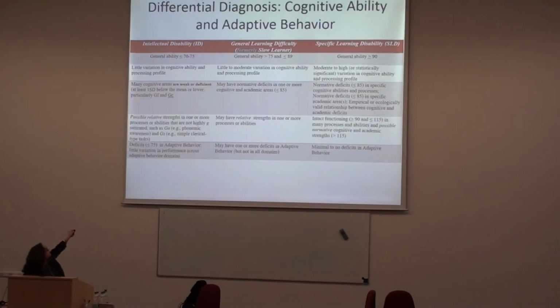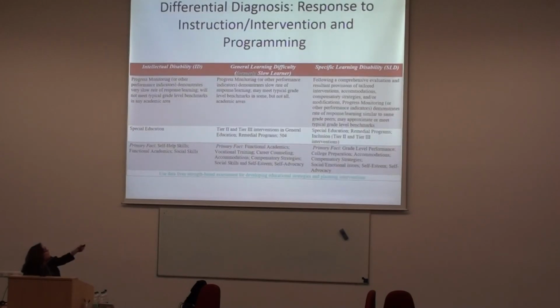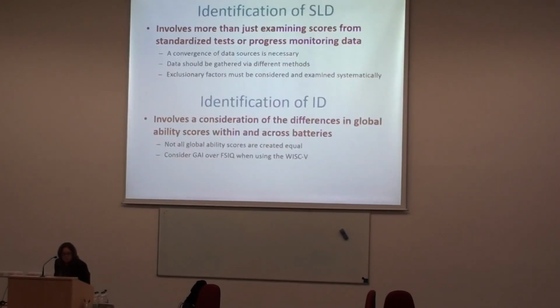Cognitive ability and adaptive behavior are different in these different groups. The etiology is different in the different groups. And response to instruction and intervention program are different in these different groups. So this table, just generally speaking, can help differentially diagnose those 3 groups.